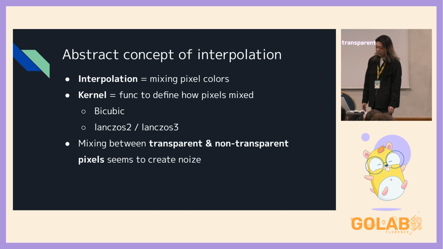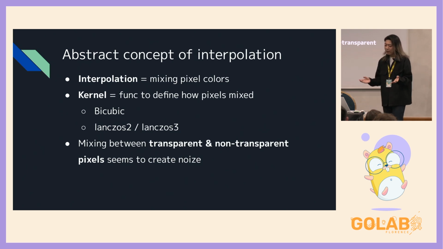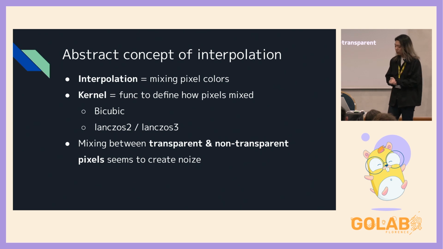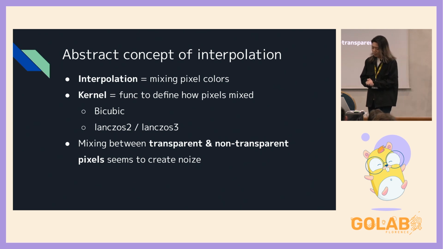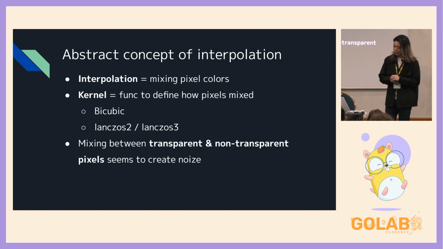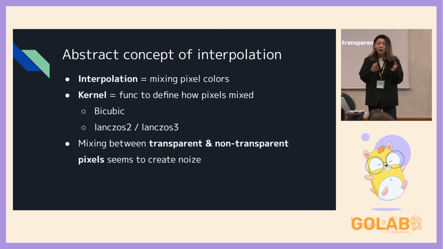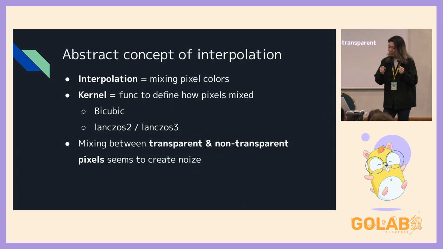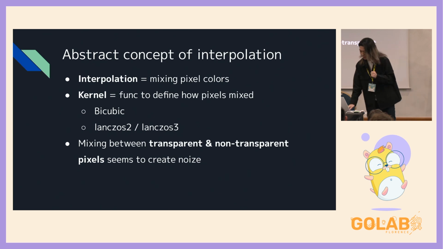These kernels vary in how they calculate the new pixel values, with some offering smoother transitions and others offering sharpness. However, mixing transparent and non-transparent pixels sometimes leads to unwanted noise.